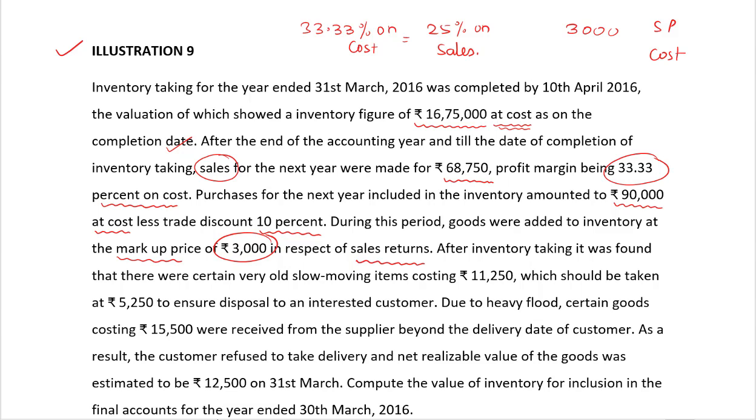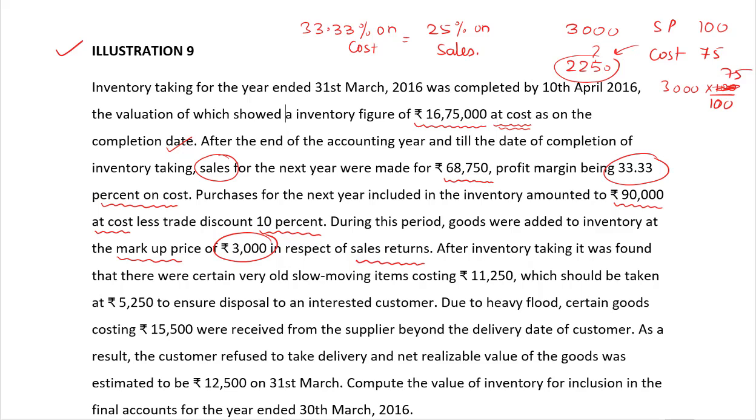If you want to find out the cost price, this 3,000 would be 100 and cost is 25% less, so 75. So this would be 3,000 multiplied by 75 divided by 100 equals 2,250.